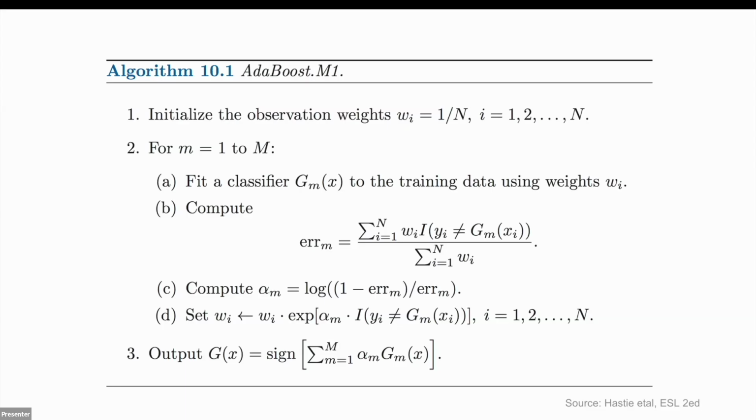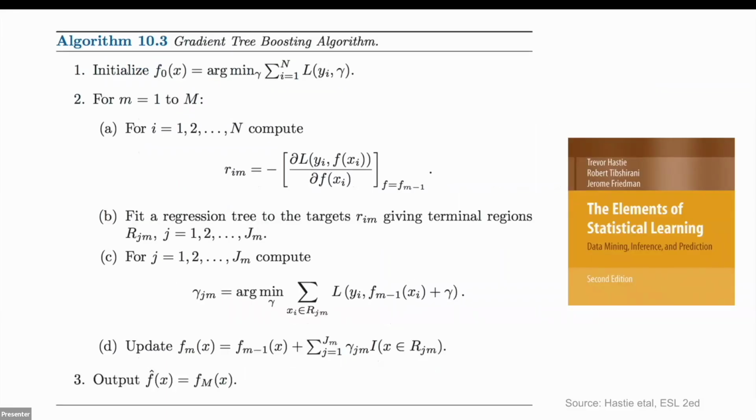Historically, the first boosting algorithm was AdaBoost, and then later the gradient boosting algorithm was introduced by Friedman, and it has a very good description in this wonderful book, Elements of Statistical Learning by Hastie, Tibshirani, and Friedman, which I highly recommend, and it has a freely downloadable PDF on the internet.